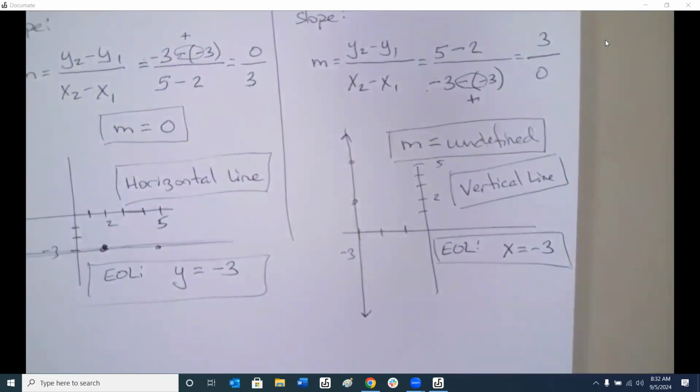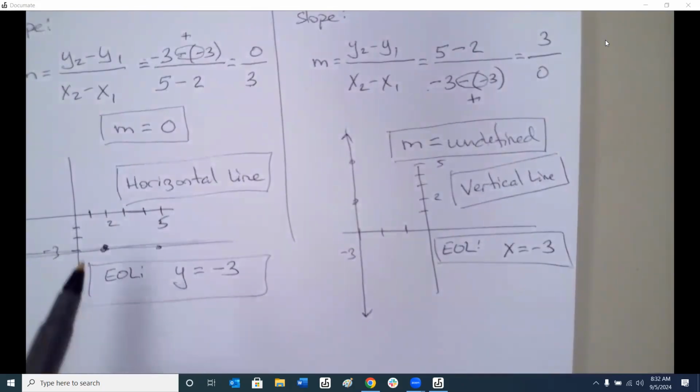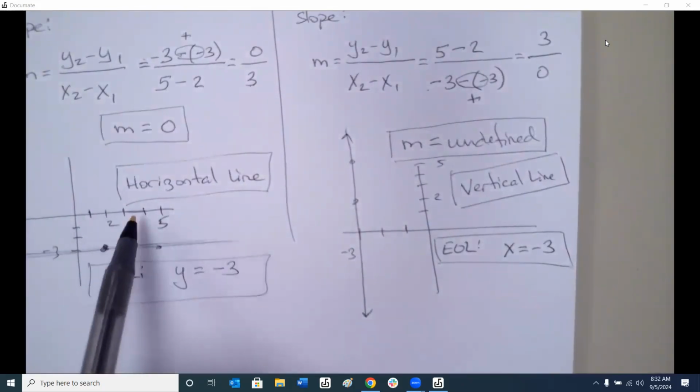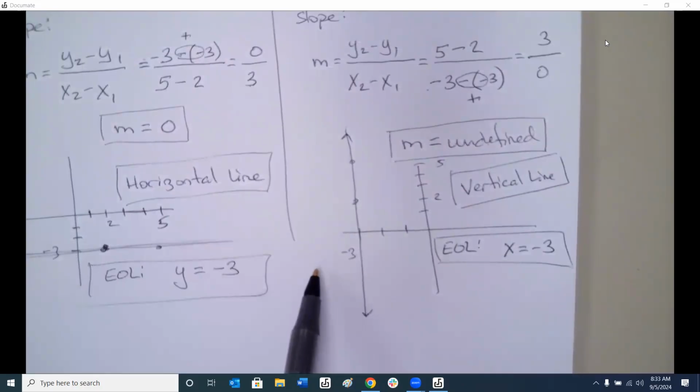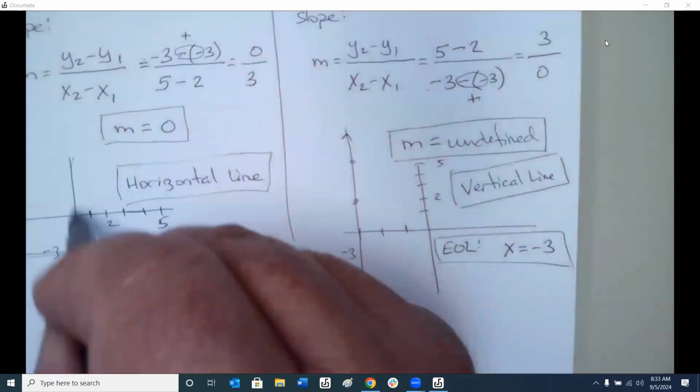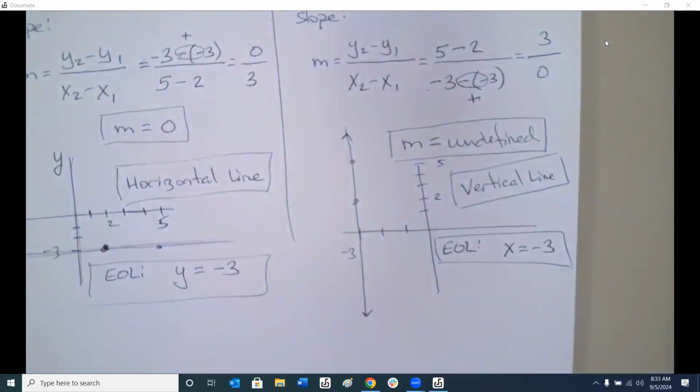Like we said earlier, because you notice that if it's a horizontal line, it can't cross the x-axis. So since there's no x values, it can't cross the x-axis. So it can only have a y value since it's a horizontal line. It only crosses the y-axis.